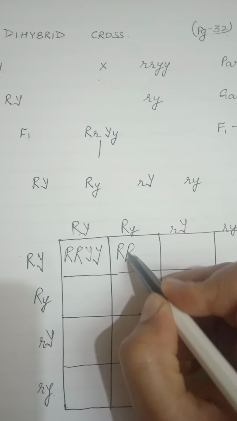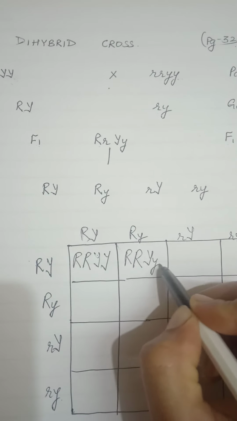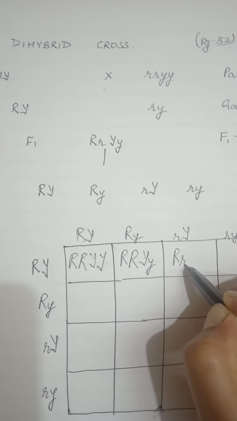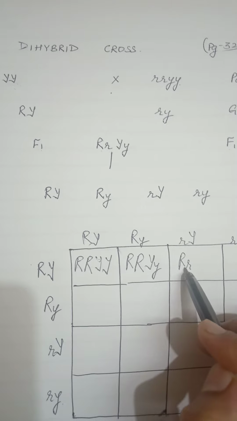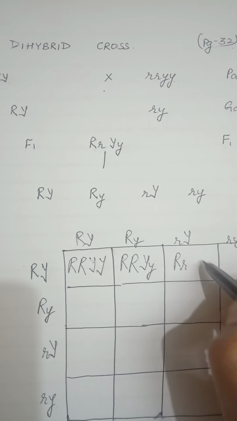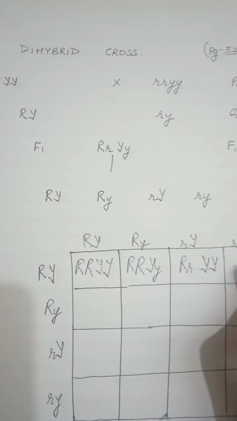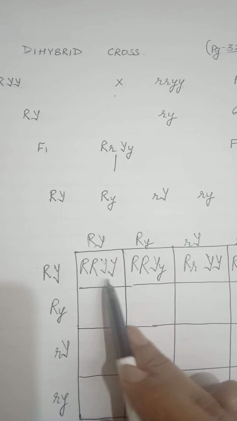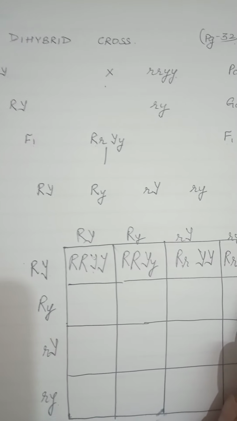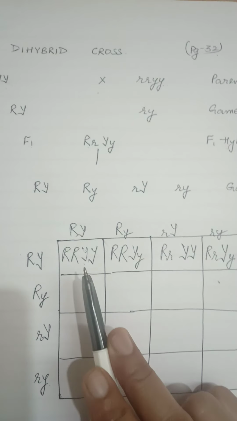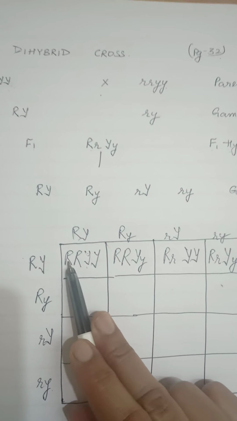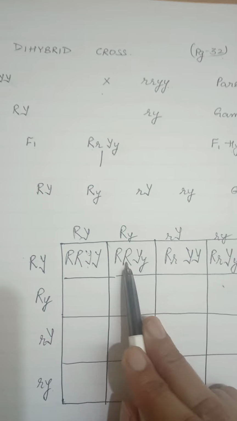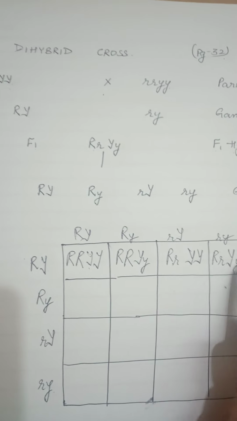Capital R capital Y small y, capital R small r, one small r coming from here, and capital Y, capital R small r, capital Y small y. This is genotypic features we know, and phenotype we can conclude, because capital R both are present, both dominant are present, so all will be round yellow.